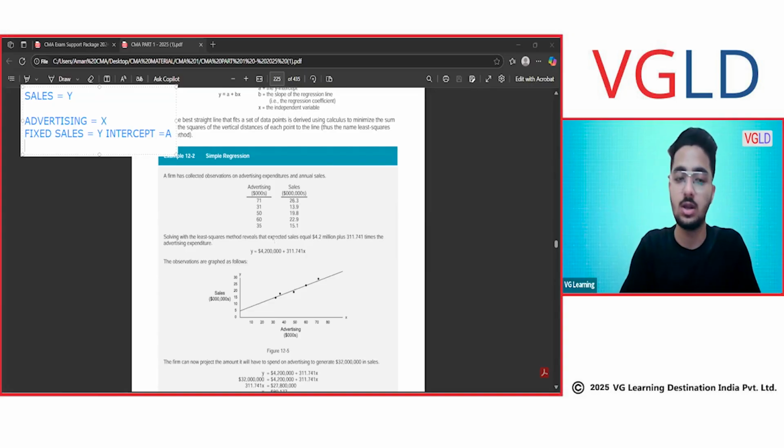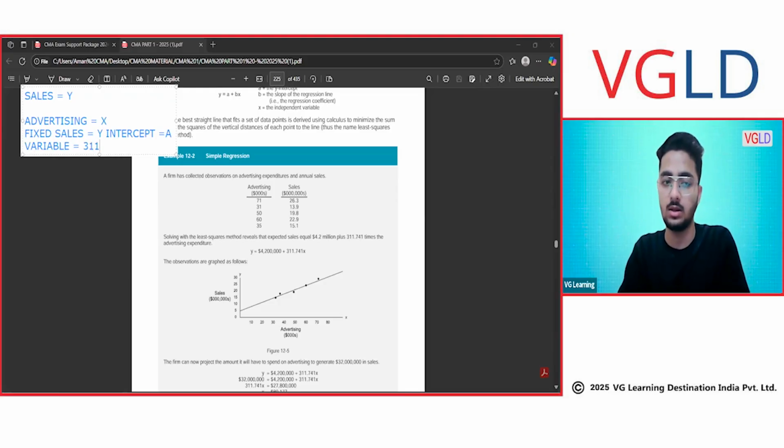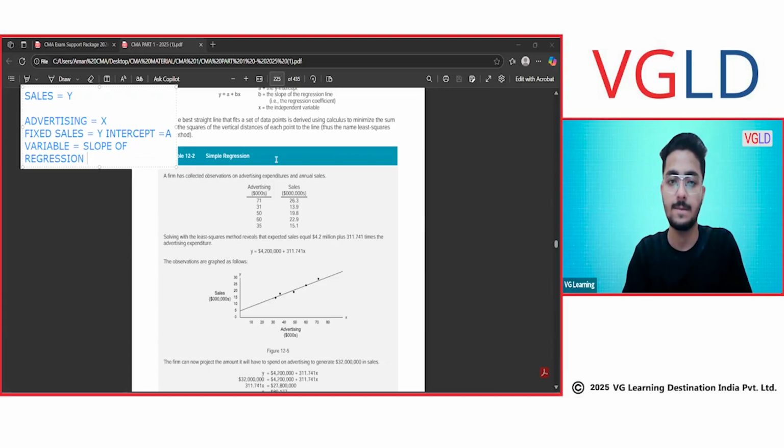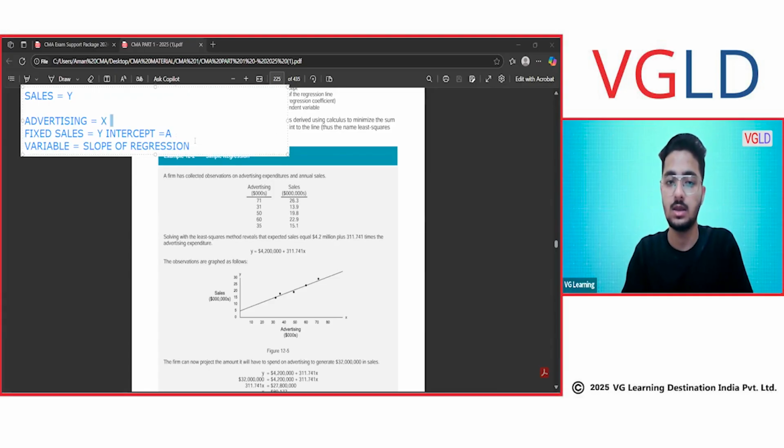That's your variable factor, which is known as the slope of regression, or you can call it your B factor.